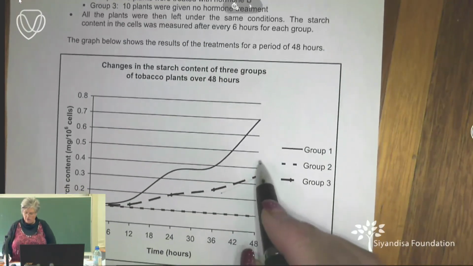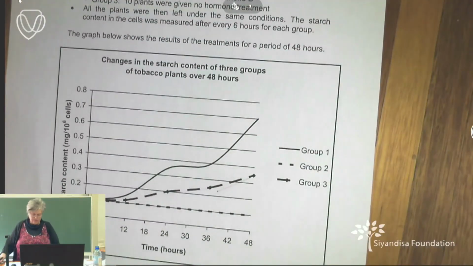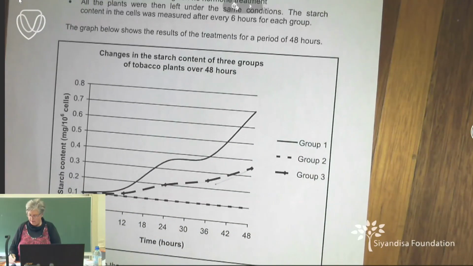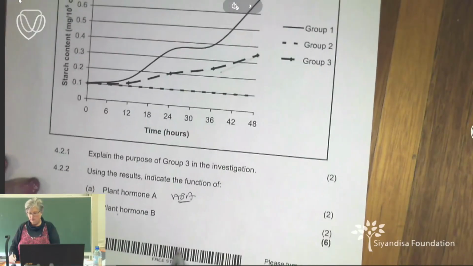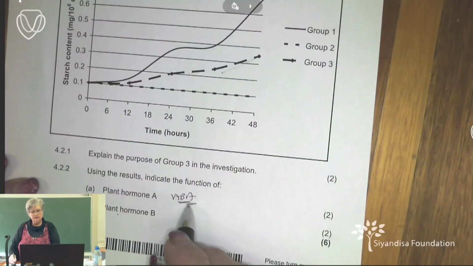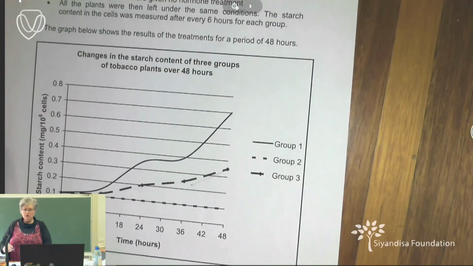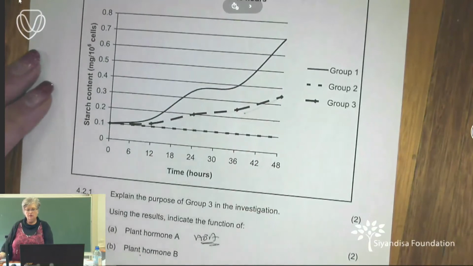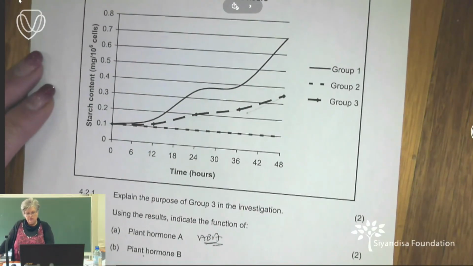So can we now deduce what is hormone A? We can deduce that this would have been ABA, abscisic acid, because that is the function of abscisic acid. So can you see, they don't ask you the direct function, they give you a graph and they ask you out of the graph to get to the functions.